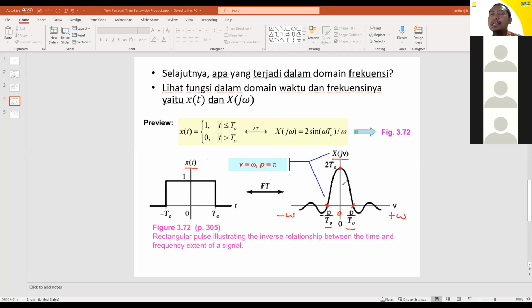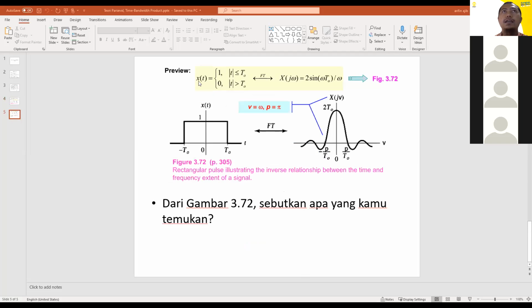So you can see here, something like this. And then I will need your opinion on this graph. It's still the same graph, and please give your comment. Please write your comment regarding the two signals.